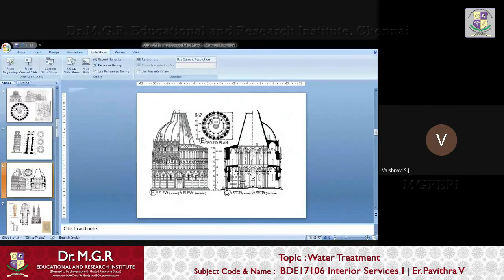They made this construction in two stages. The earlier stage was with some elements, and in the later stage they constructed a few more elements and changed the elevation also. You can see that the elevation and section have been changed. Can anyone say about the early stage construction, and the other one say about the later stage construction?